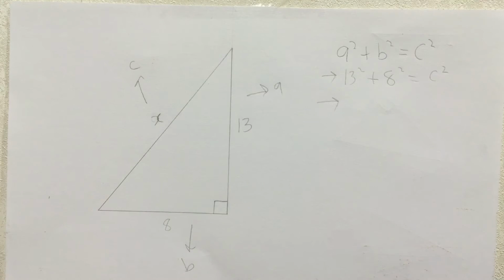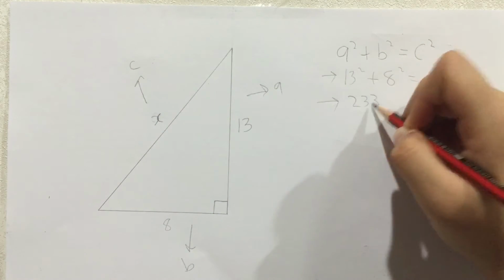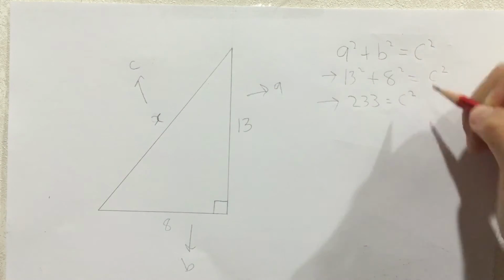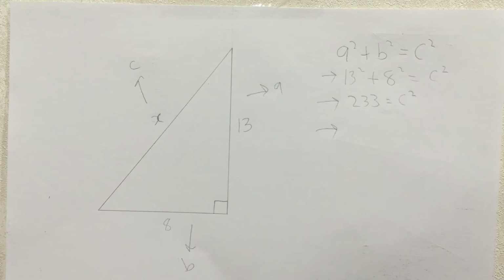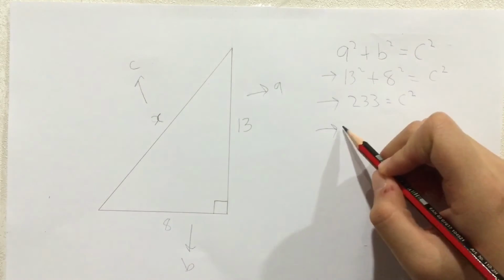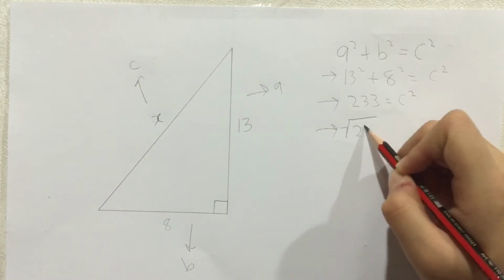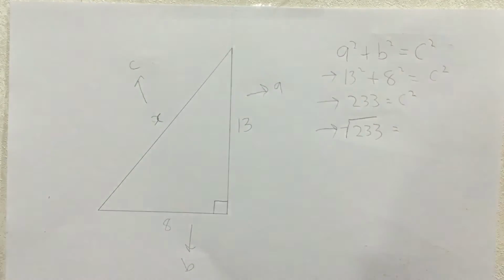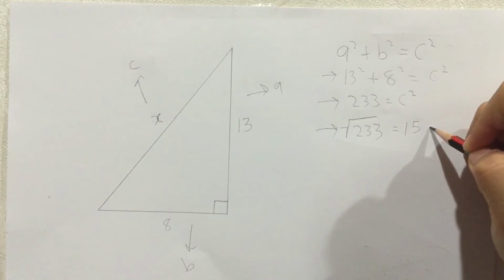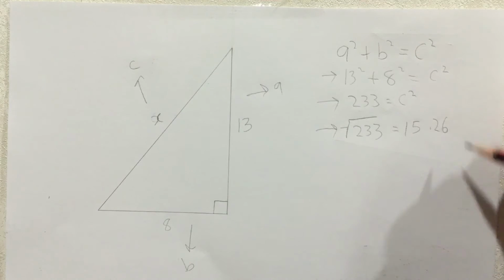Doing this in our calculator gives us 233 as c squared. Now we know from before that 233 is not c and is not our final answer x. It is c squared. To find c instead of c squared, what we do is square root 233, which gives us 15.26.